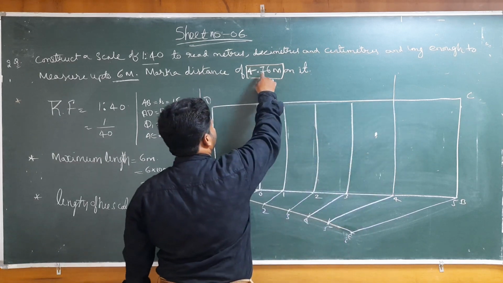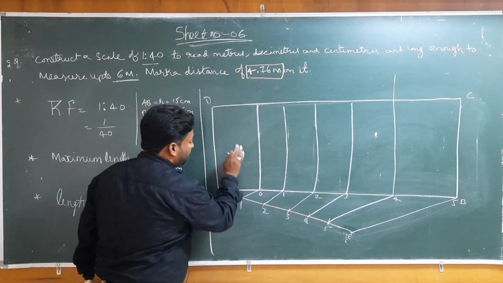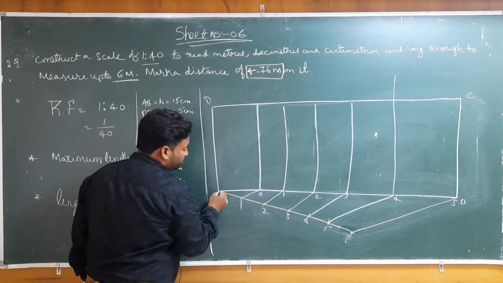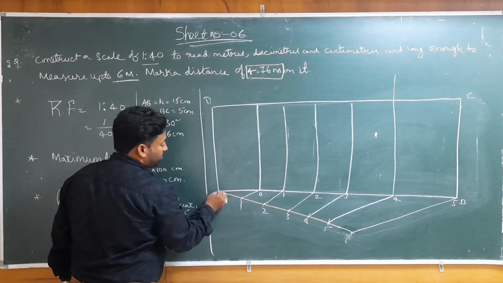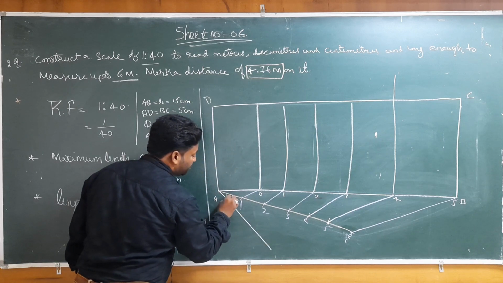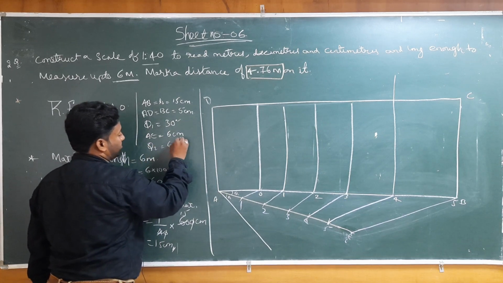Now after that we have to mark 7. In this part we have to represent the subunit. For drawing a subunit we have to draw an inclined line, and this is theta 1 and this is theta 2, and theta 2 is equal to 60 degree.